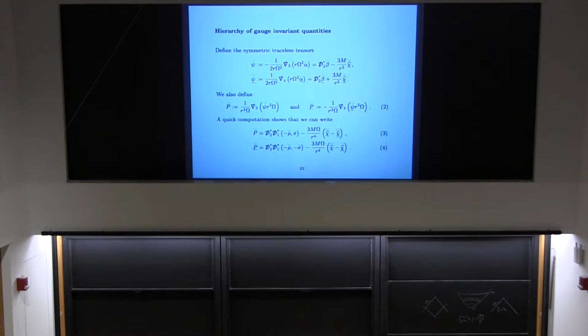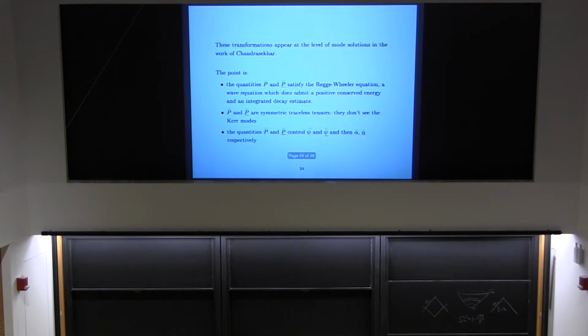Once you have p, you can use the defining equations for p as equations which will give you estimates for psi and psi bar respectively, and then you go one level up in the hierarchy and you prove estimates for alpha and alpha bar. So the hierarchy allows you to finally obtain decay estimates for all gauge invariant quantities, alpha and alpha bar, psi bar, and p bar.